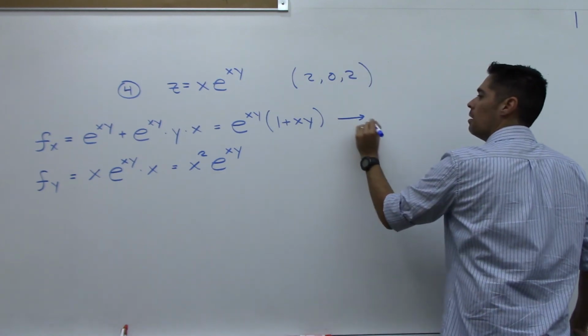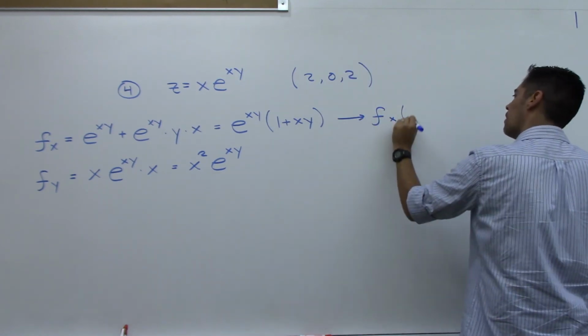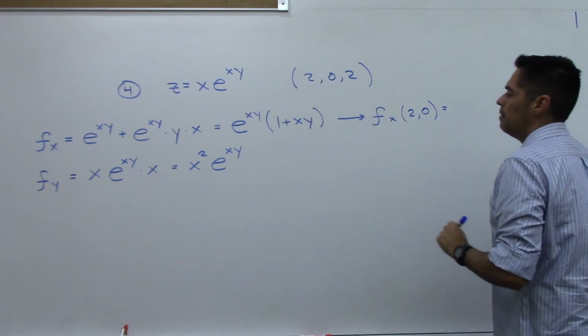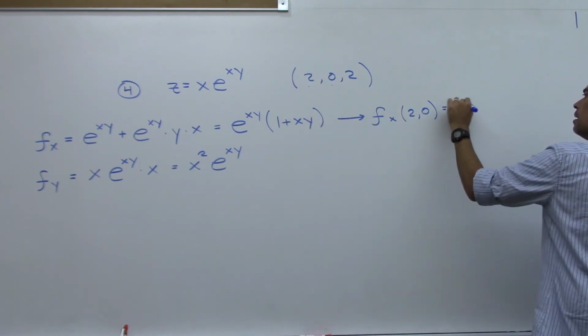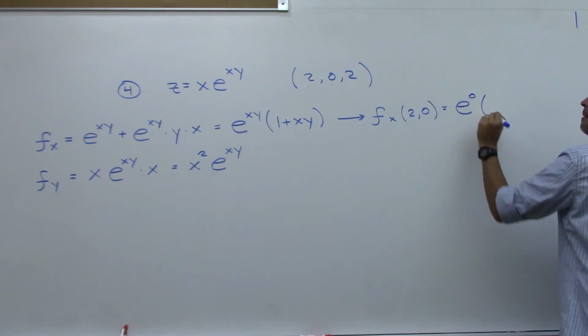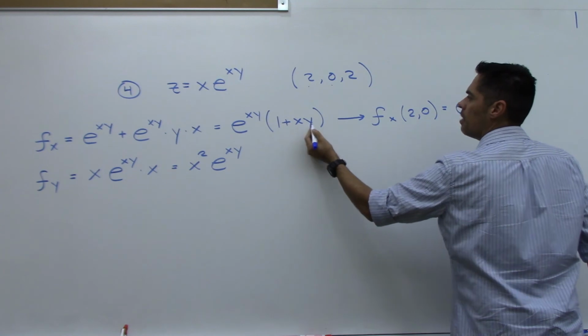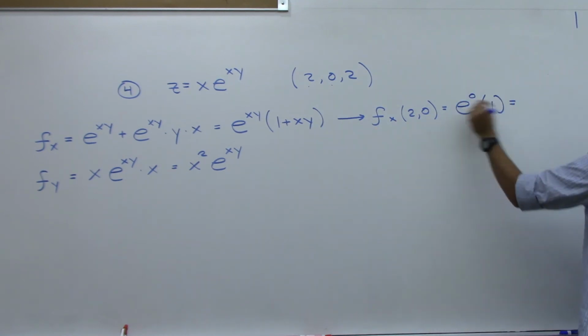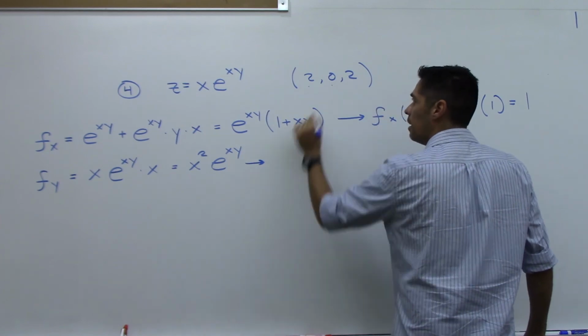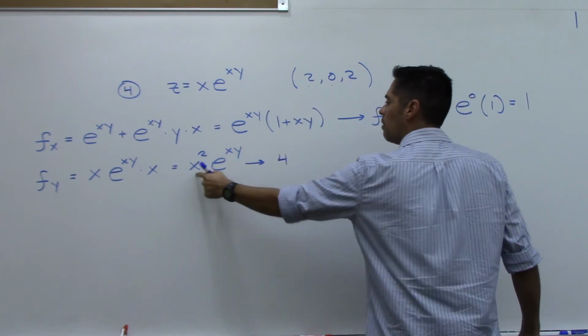Now let's plug in our conditions here. Plug in 2, 0, so I'm plugging in here and here. 2 times 0 is 0. Then 1 plus 2 times 0 is just 1. E to the 0 is 1, so that's just 1. Now plug in 2 for x, so we get 4, right?